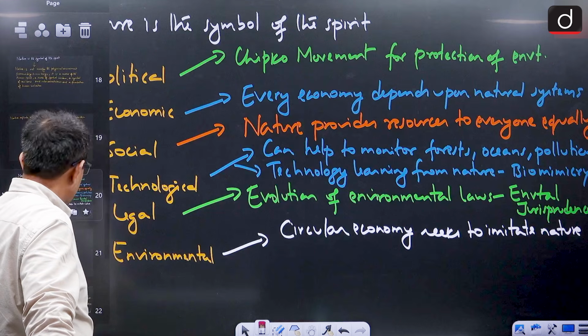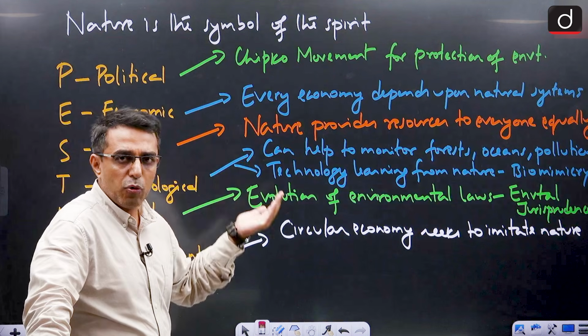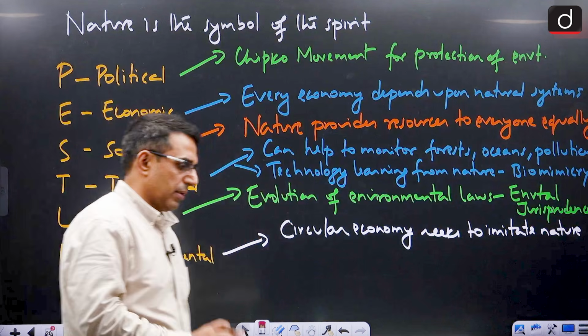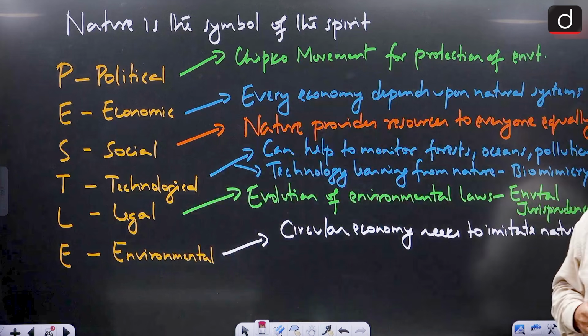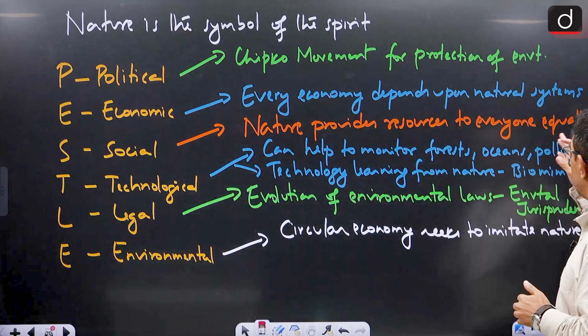Right, here we can explore it like this. In political, we can talk about movements like the Chipko movement for protection of the environment, right? We can fit this example into the theme of the essay. In the economic dimension, we can say that every economy depends upon natural systems.